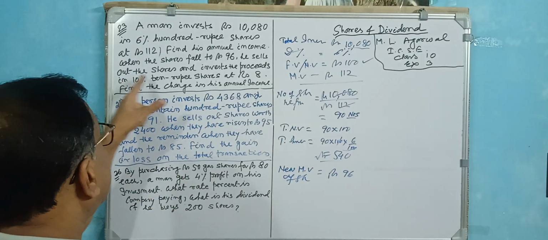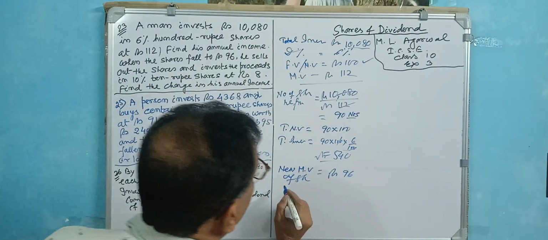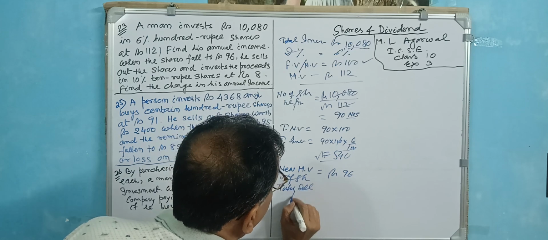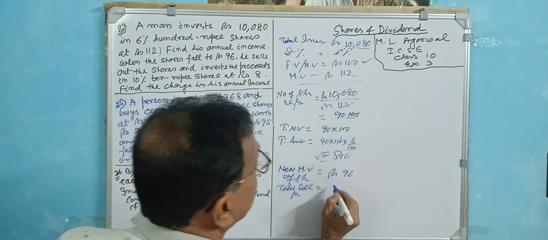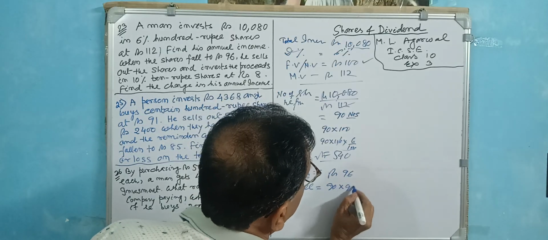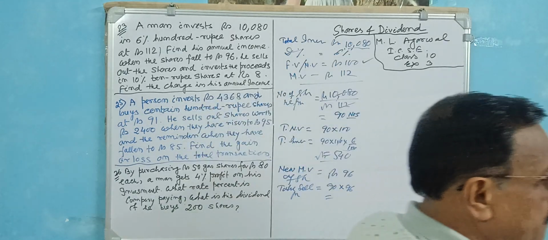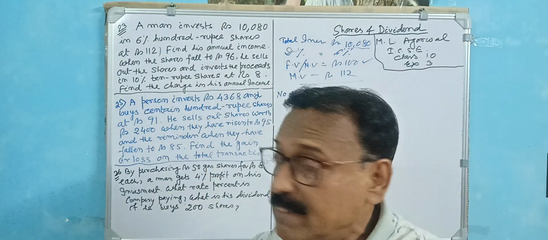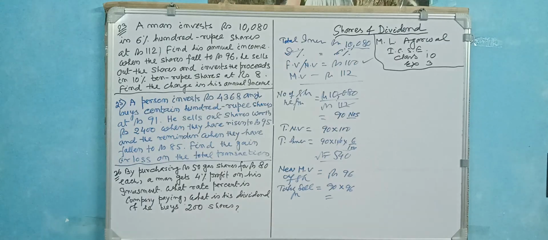Okay, he sells out the shares and invests the proceeds. What is the total selling price? The number of shares is 90, and each and every share, that is the market value, is 96. What does he collect from selling this?